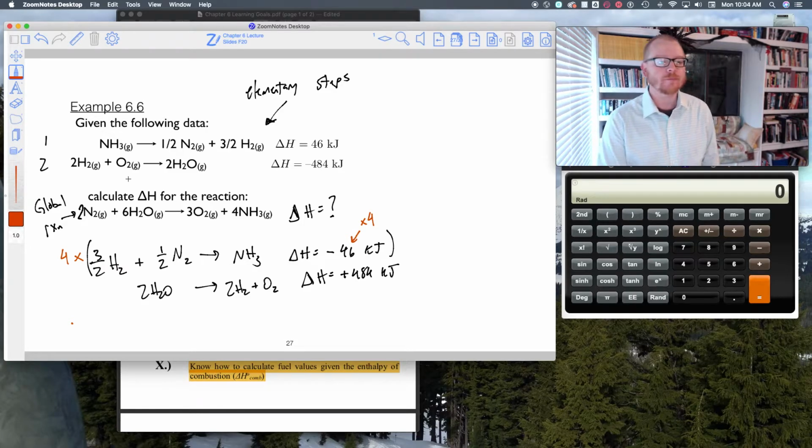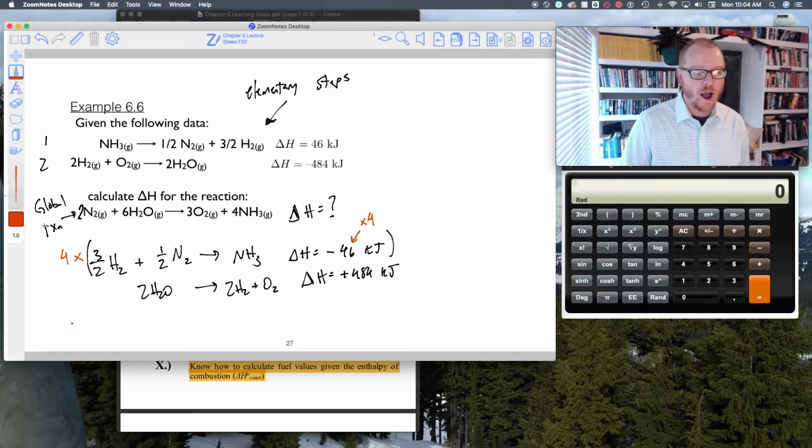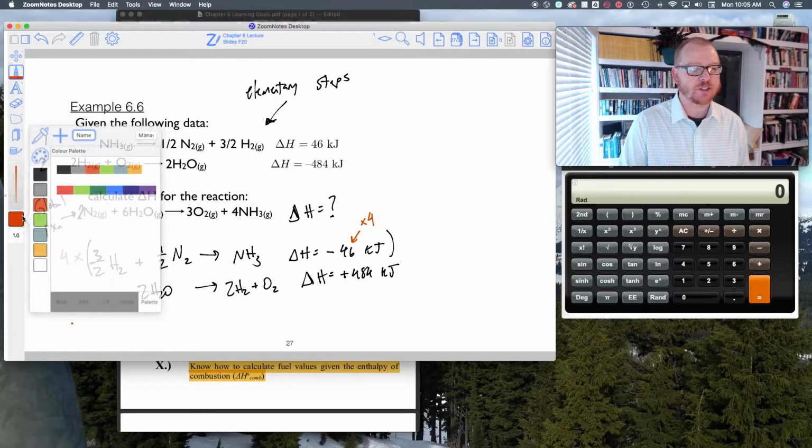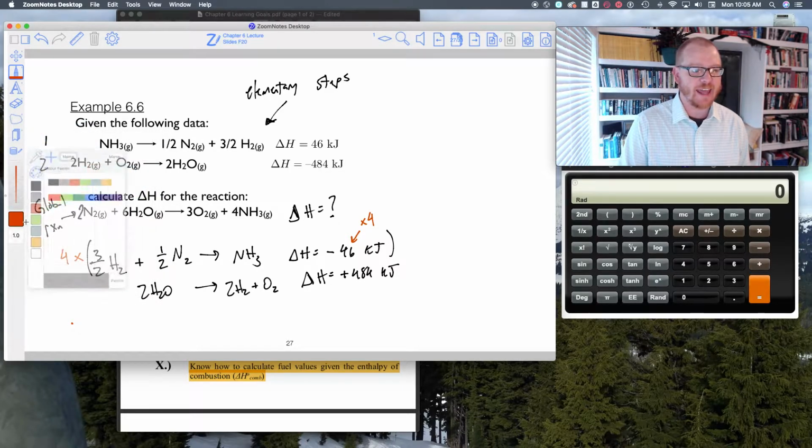Okay? And so now, let's see. So when I scan through, I can see 4 times 1/2 nitrogen is going to give me 2 nitrogen, which I need. And 4 times NH3 gives me the 4 ammonia. So I also need that as well. Okay? And so that's also going to give me a whole bunch of hydrogens, which hopefully I can cancel.